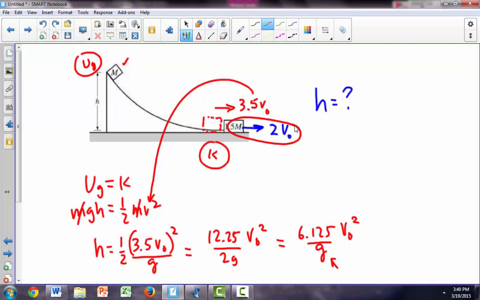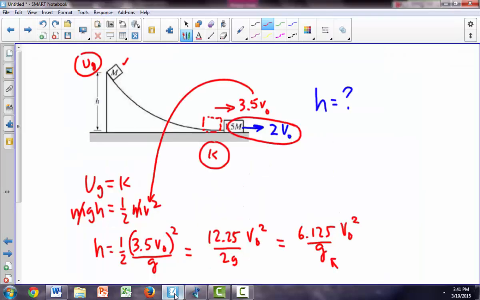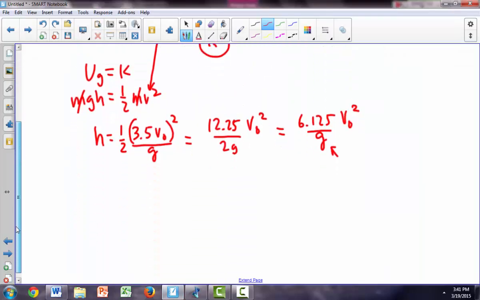And so all we need to do is use conservation of momentum for that impact to find the final velocity of the small block. Now, I don't remember if it says that they stick together. It does not say they stick together. It does not imply that they stick together. So we are going to go ahead and assume they don't.